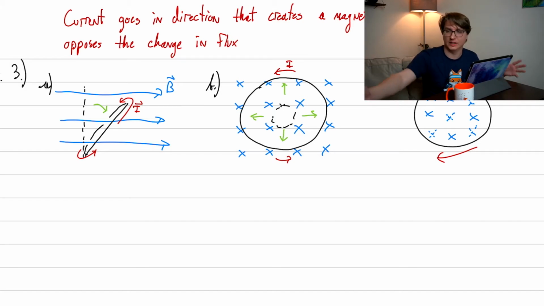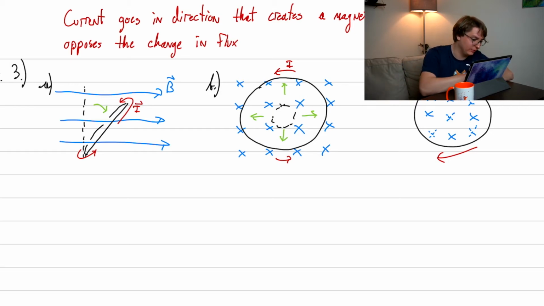Hopefully that makes sense, why the magnetic field has to be in the same direction. That would keep the magnetic flux constant. Of course, it's not actually keeping it constant. It's just trying in vain to make that so, but it's not really going to happen. What we're really doing is trying to trace back and figure out what secondary magnetic field this loop creates. So it's going to be in the same direction as this magnetic field is already pointing.